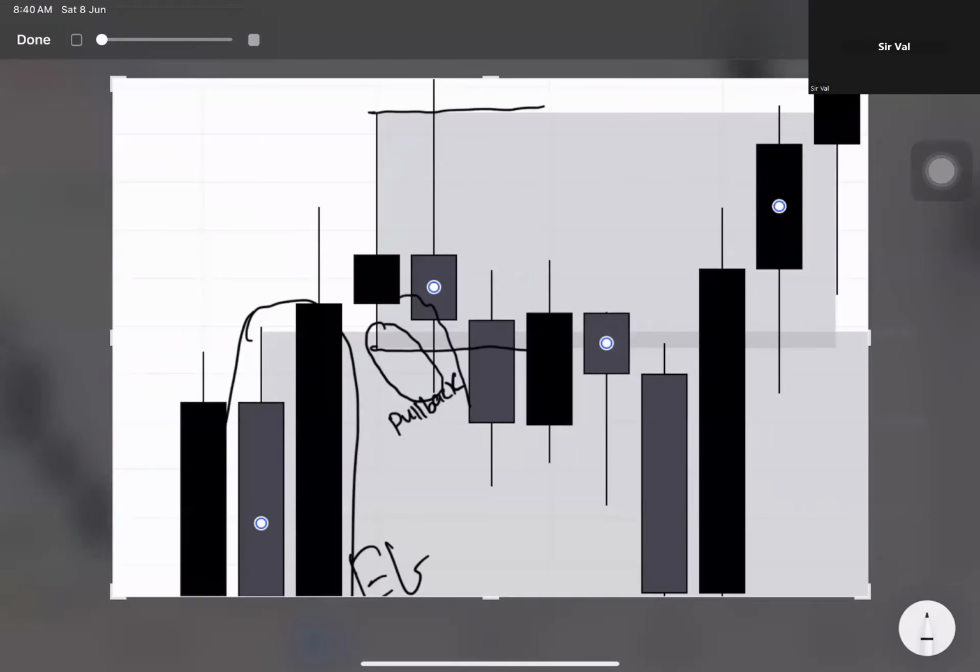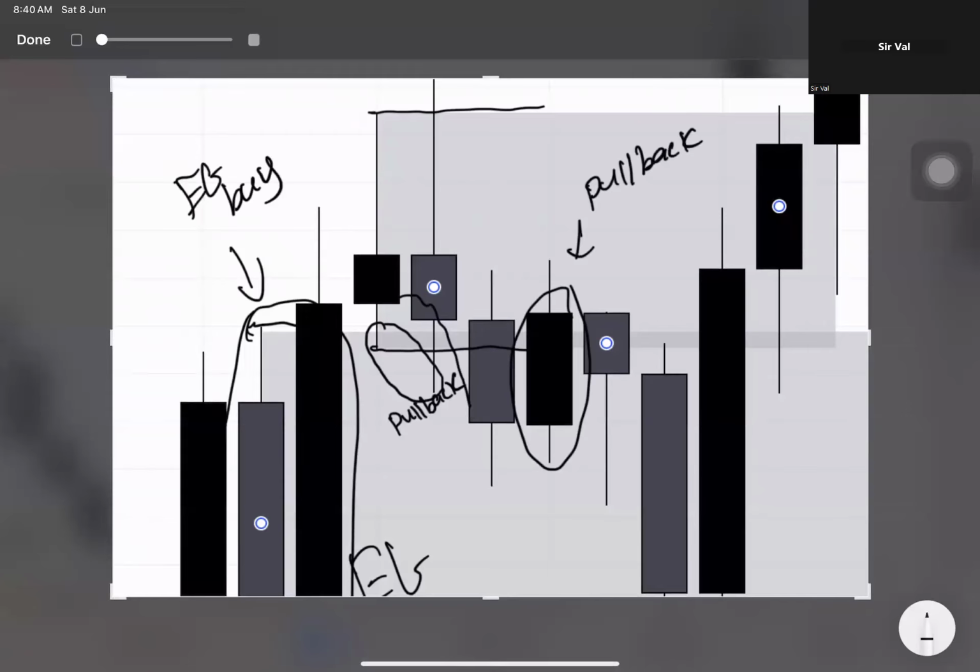Then what is this? Pullback for sell. First they pull back for engulfing buy, but after price pullback, they create engulfing sell. That's why price pullback, that's why price sideways. That's why all have a reason.